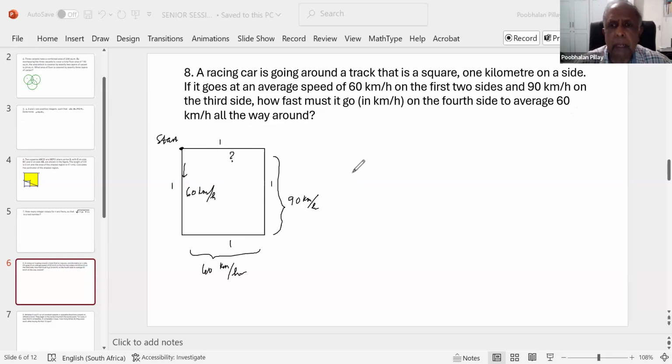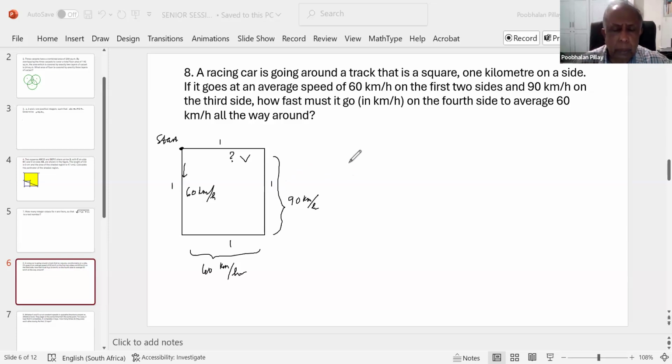They say, okay, if you want an average of 60, if I call this speed, usually you use the symbol V for speed, V for velocity. You might think of S, but S is for something else, the so-called displacement. So in general, I just use the symbol V for speed.